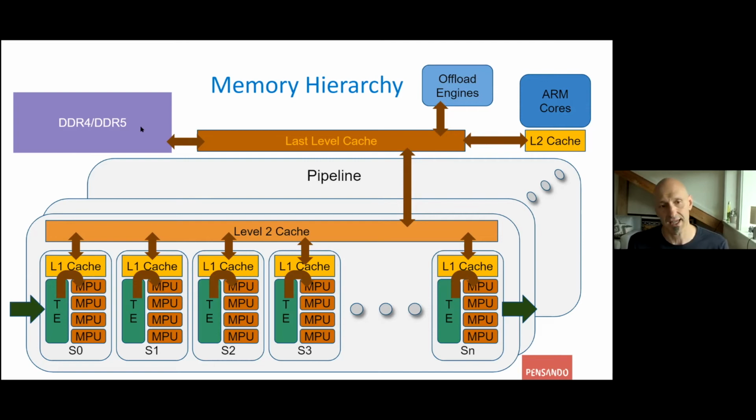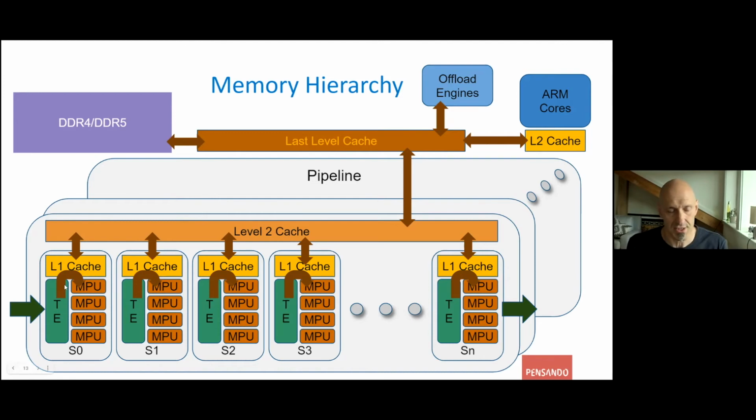And the last level cache will access the memory. The memory is an off-chip memory that can be even larger. We support up to 64 gigabyte of memory. So this is very flexible.